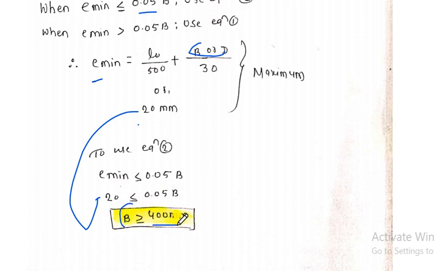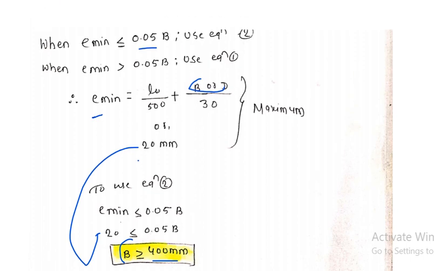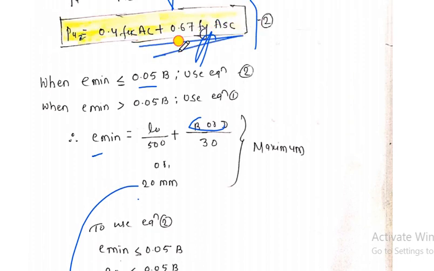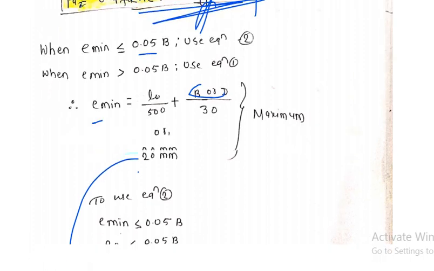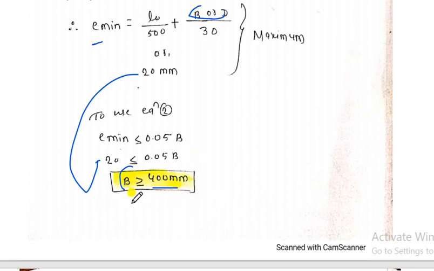So my dear friends, remember, in any column, if the size of the column is greater than 400 mm, then we must consider the formula of this one. So remember, if the B value is greater than 400, then we must consider minimum eccentricity. As per the code book, minimum eccentricity is considered in all the conditions.